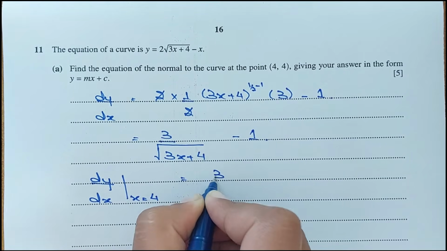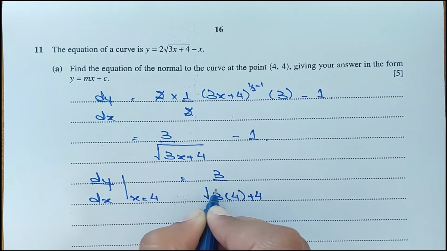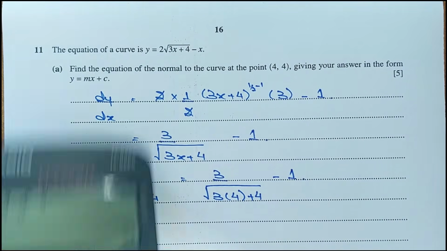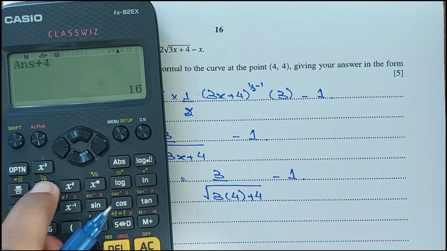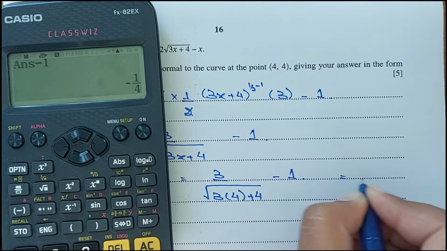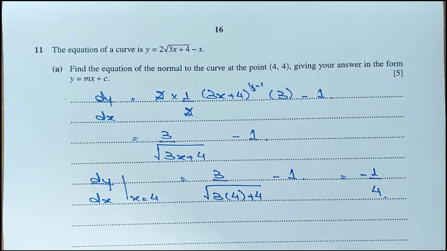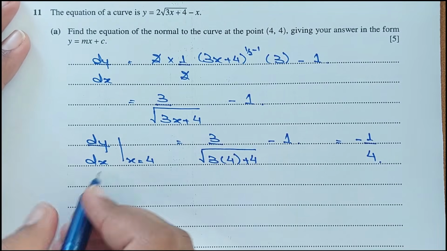Right. 3 over square root of 3 times 4 plus 4 and minus 1. 3 times 4, we have 12 plus 4, 16. Square root of 16 is 4. So we have 3 by 4 minus 1 is minus 1 by 4. This is the gradient of tangent or gradient of the curve. The gradient of normal is negative reciprocal, right?